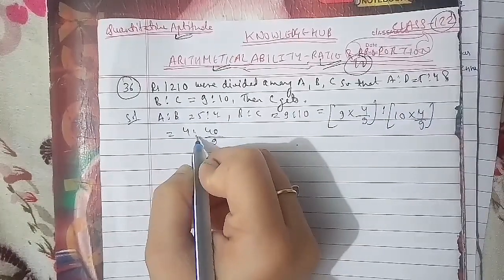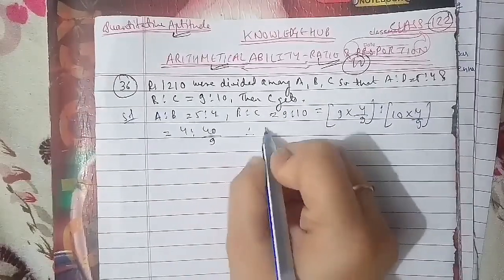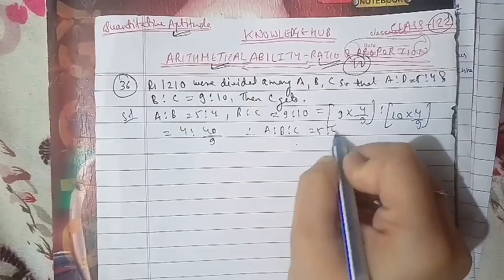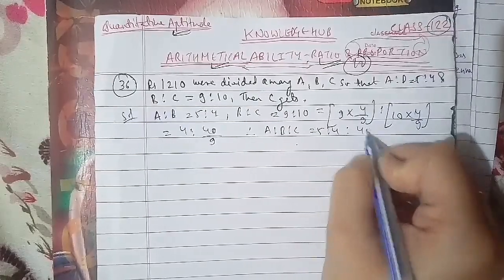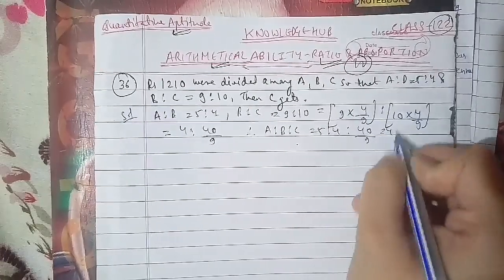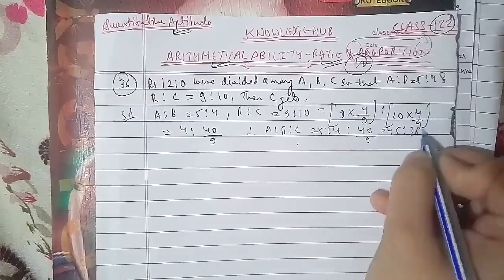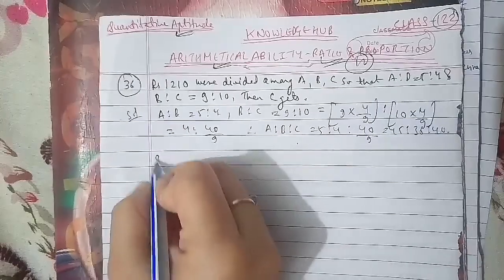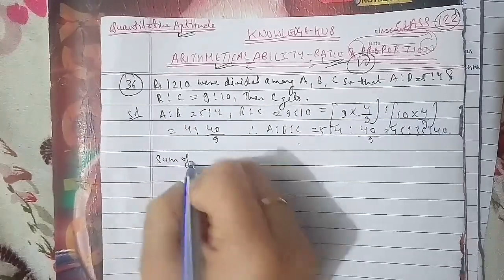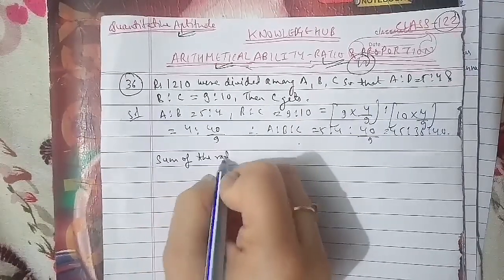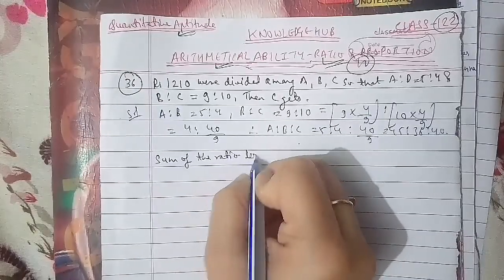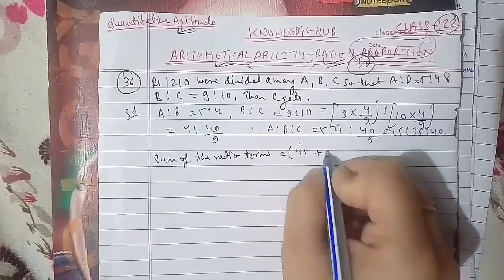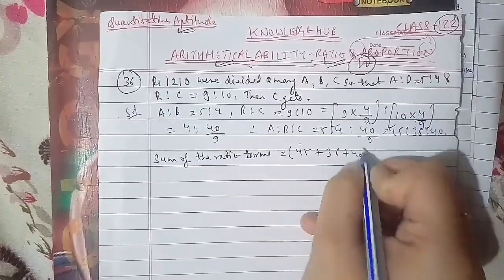So A ratio B ratio C equals 5 ratio 4 ratio 40 upon 9, which equals 45 ratio 36 ratio 40. So the sum of the ratio terms equals 45 plus 36 plus 40, which equals 121.